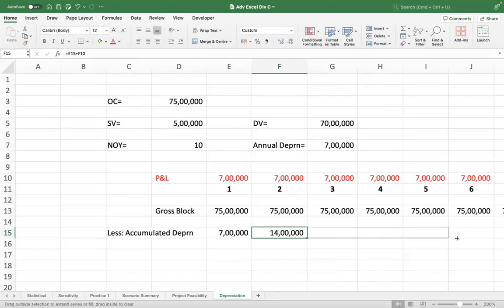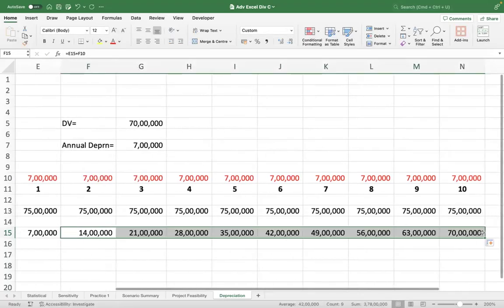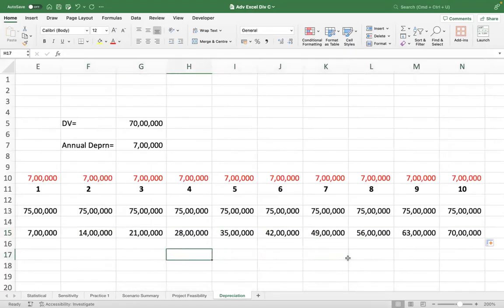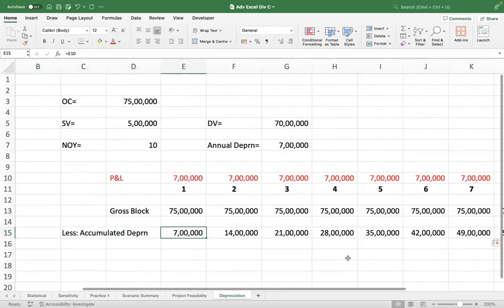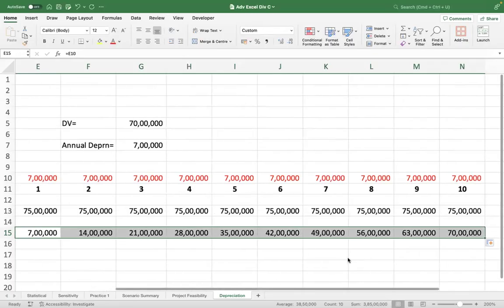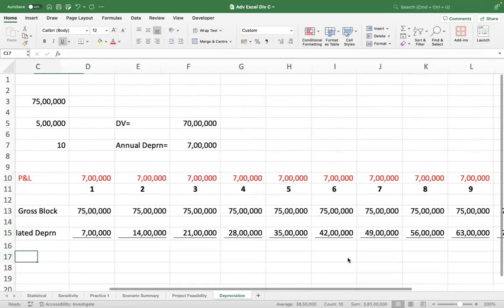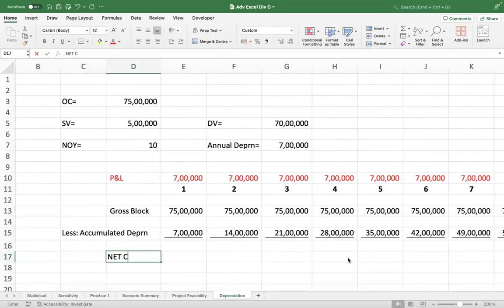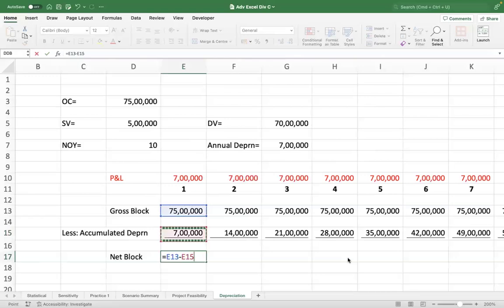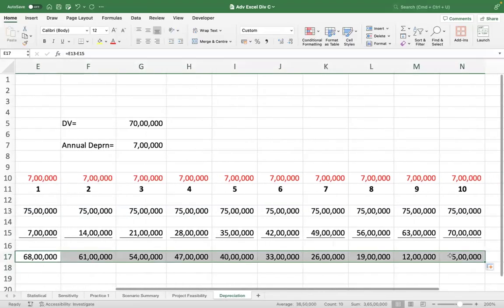And that we just need to drag. And then if you reduce it, you will get your net block, which is also called the written down value. And that also we will take for these many years.